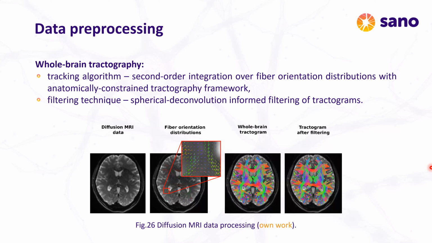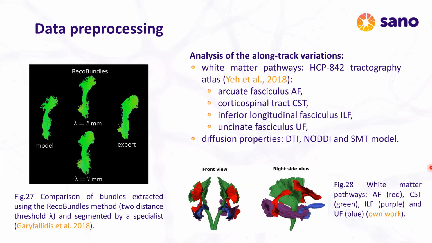The obtained tractograms were further filtered using spherical deconvolution informed filtering of tractograms in order to remove the excessive and non-anatomical connections. They were then registered in the common space of the HCP 842 Tractography Atlas, containing the standard whole brain tractogram and 80 selected white matter pathways.